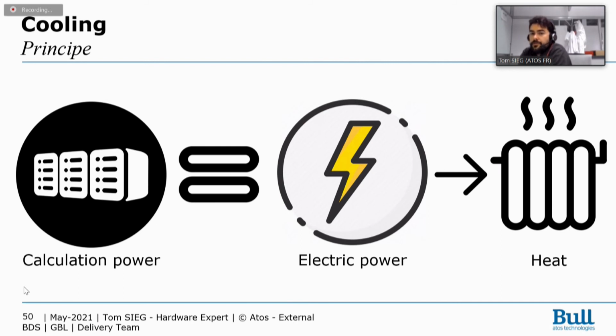You will consume electricity to produce calculation power, and this electricity will be transformed directly into heat. Your cluster usage will influence your power consumption, and will influence your heat production. And this heat production can be reused.